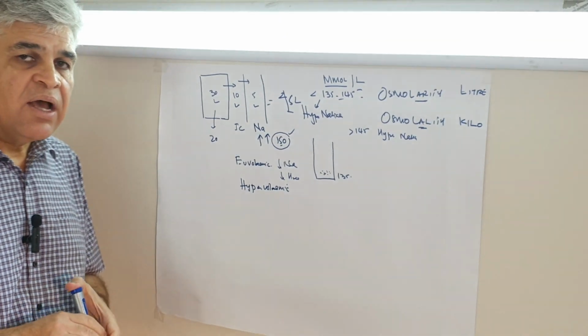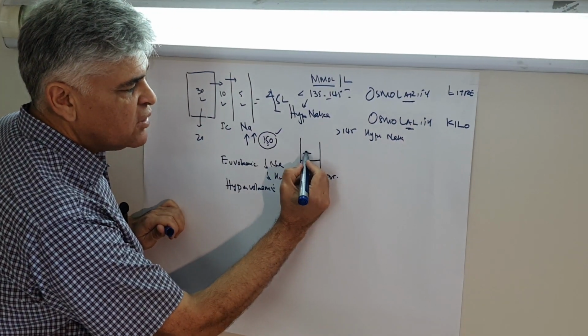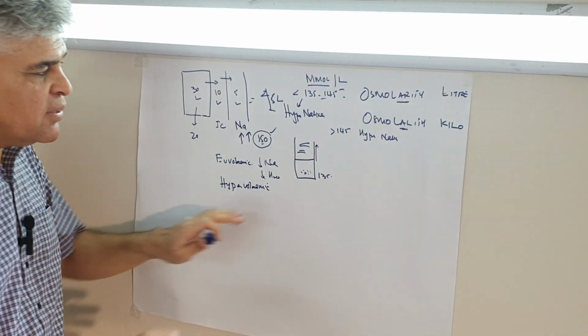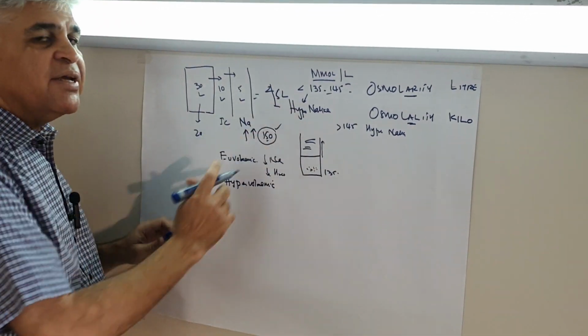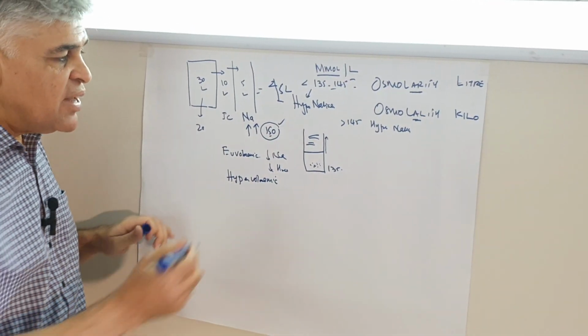hypervolemic hyponatremia. In hypervolemic hyponatremia, you increase the water from this to this. The salt remains the same. Nothing happens with the salt, but you've increased the water inside, and therefore this dilutes sodium, and the sodium falls.